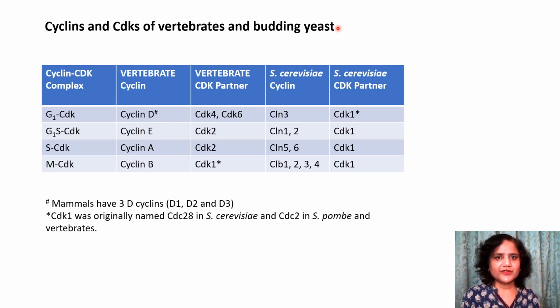So these form different stage-specific complexes as shown, the G1 CDK, the G1/S CDK, the S CDK and the M CDK in various combinations. M CDK is the CDK1 cyclin B complex in vertebrates, and the CDK1 or CDC28 complex with these cyclins shown here in budding yeast.